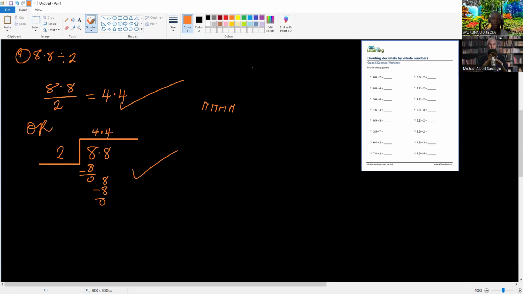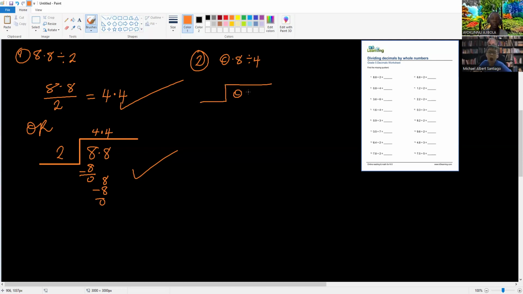Then let's look at number 2. We have 0.8 divided by 4. Miggy, what's the question? 0.8 divided by 4. So you're going to have the division sign.